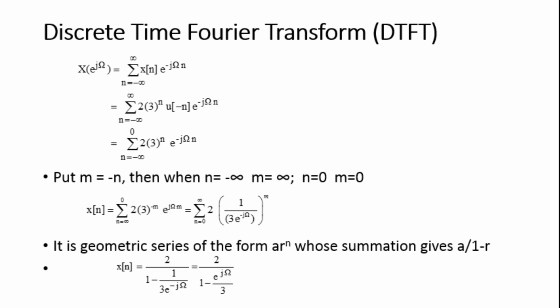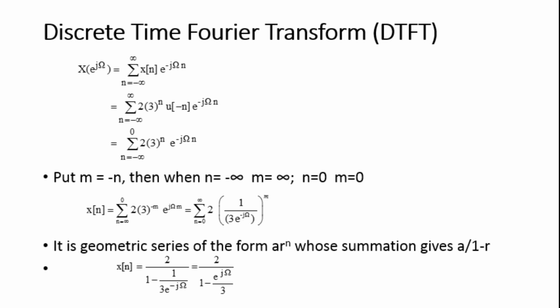Put m = -n. Then when n is minus infinity, m is infinity, and when n is 0, m is 0. Therefore X(e^{jΩ}) = summation m from 0 to infinity 2·3^{-m} e^{jΩm}, which is equal to summation m from 0 to infinity 2·(1/3 e^{jΩ})^m after rearranging the equation.